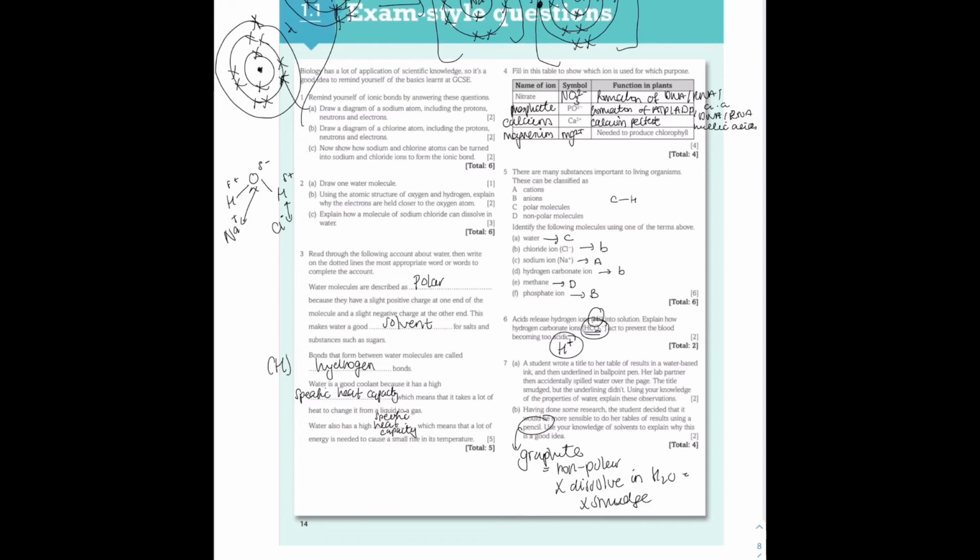And it will also not dissolve or smudge in other solvents like alcohol, because alcohol has an OH at the end. So this is polar in alcohol, and graphite is non-polar. So again, like dissolves like, so they're different.